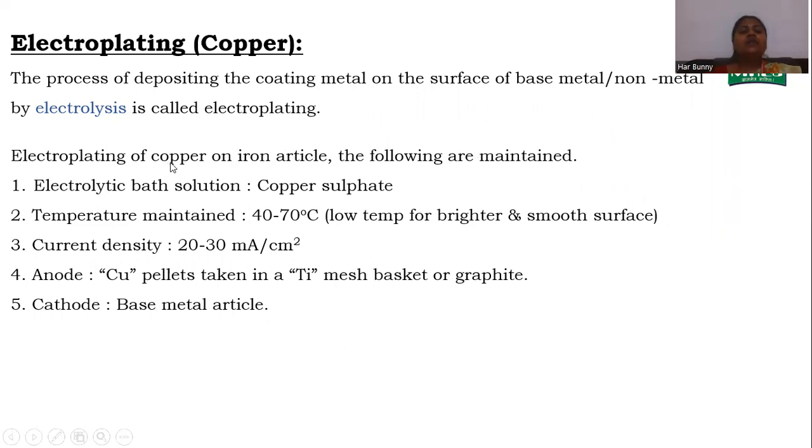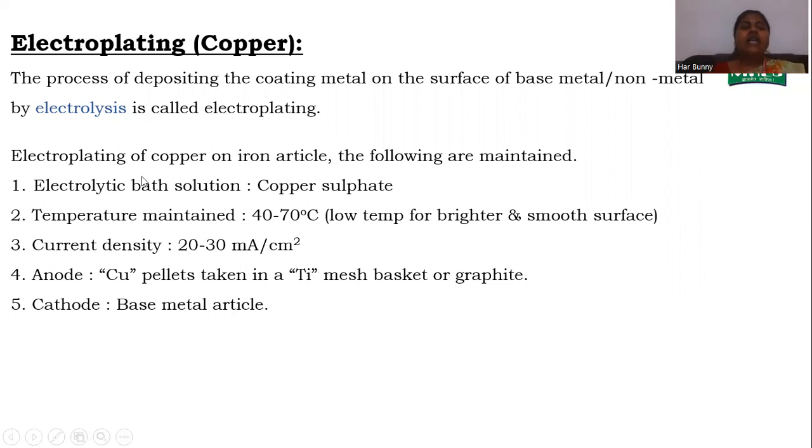Electroplating of copper on an iron article is as follows. Here we are going to protect the iron metal, and the coat metal used is copper. As we all know, in the electrolysis process, we need an anode, a cathode, as well as an electrolytic solution.